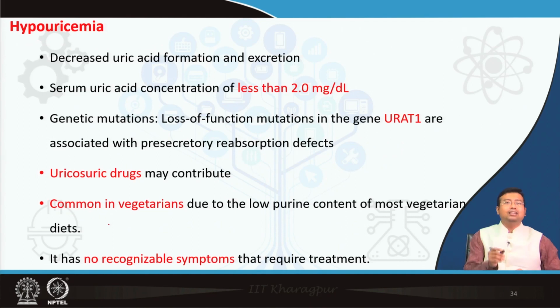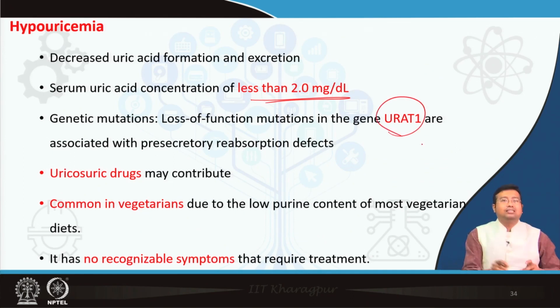And lastly, we cannot really call it a disease, it is a condition known as hypouricemia, where there is less than 2 mg per dL of uric acid in blood. What is the problem? Again for MCQ, the URAT1 gene is defective, which leads to a reabsorption defect.